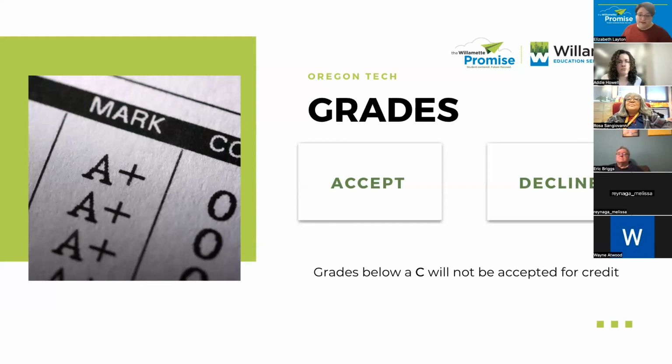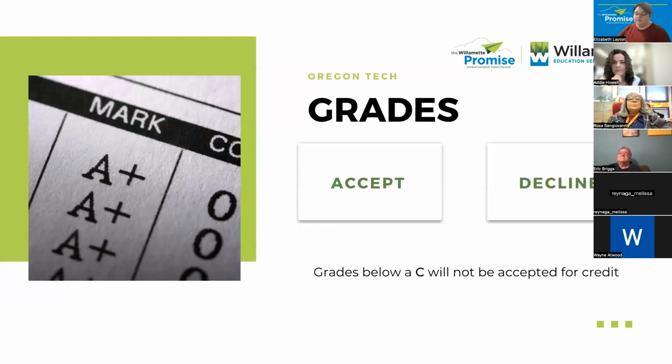The only stipulation that we have is that their grade must be a C or higher, as this is the threshold for satisfactory academic progress. We want to make sure that they aren't below that when starting college. So if a student chooses to decline a grade or receives a grade lower than a C, they will have no record of attempting the class on their college transcript.